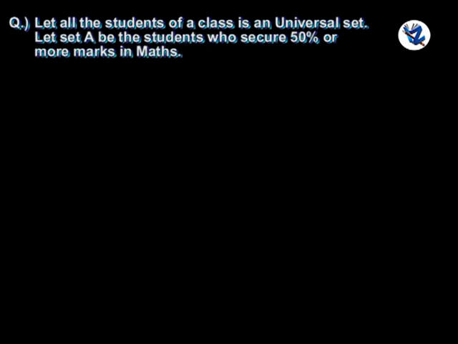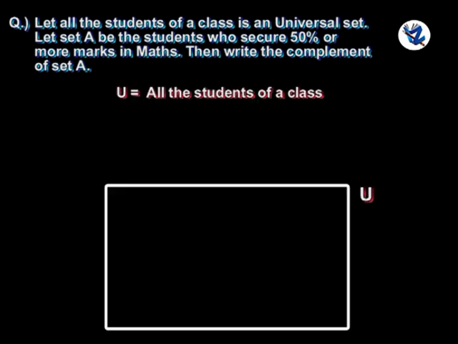And the number of students who drink tea and coffee both is 20. Therefore, A intersection B is a set of students who drink tea and coffee both. Therefore, N of A intersection B is equal to 20. As per rule, N of A union B is equal to NA plus NB minus N of A intersection B, which is equal to 80 plus 60 minus 20 is equal to 120.